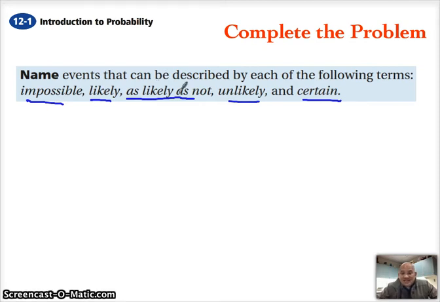An event that is as likely as not, a 50% chance of occurring. And I can't say 50% chance all the time, but I can say it has an equal chance of occurring as all the other options. Something that is unlikely to occur, and something that will certainly occur every time. All right, we will see you in class.